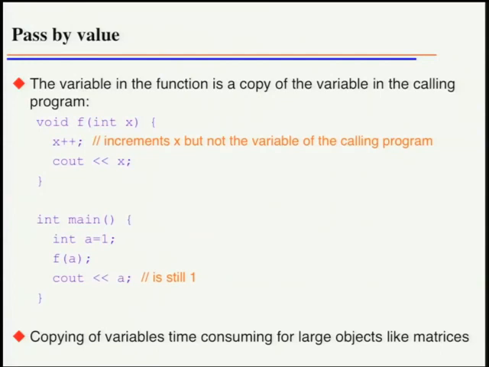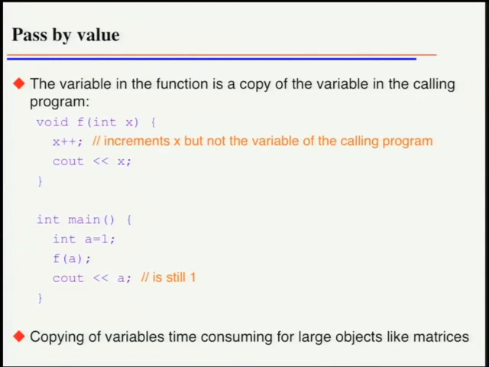We call this function from the main function, pass this variable a as a parameter. Then the value of a, which is 1, will be copied into this function f, assigned to x. X will be incremented, but not a. So we will output a plus 1, which is 2. And after the function completes, a will still be 1. Clear?